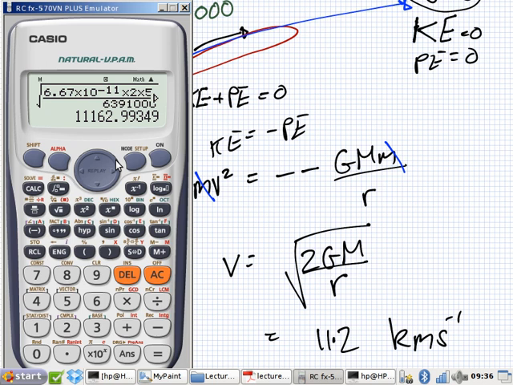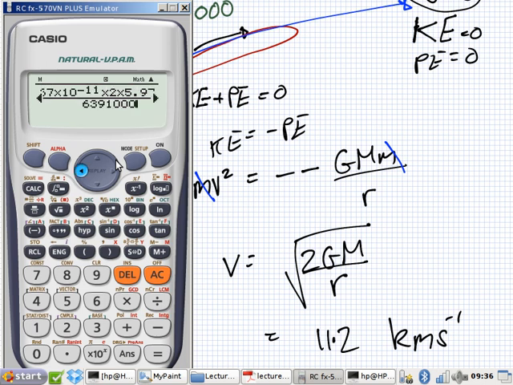But as I was saying to Monica, even if we add in the fact that the spaceship is breaking through the atmosphere, and even if we say it's 30 kilometers above the surface, it actually doesn't change this answer. 30 kilometers is not enough to affect this. What's 20? I added on 30, didn't I? Oh, I added on 20.